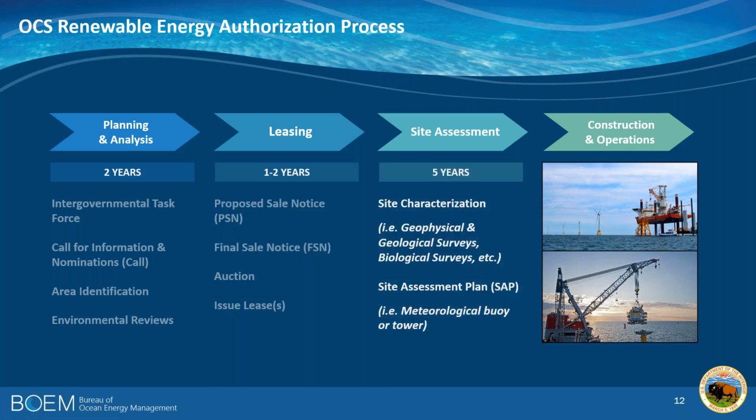The winners of that auction get a 5-year period in which to conduct site characterization in accordance with an approved site assessment plan to identify more specifically the wind resource and the seafloor conditions and other variables that would affect their proposal of a construction and operations plan. That construction and operations plan is what they propose to actually build.